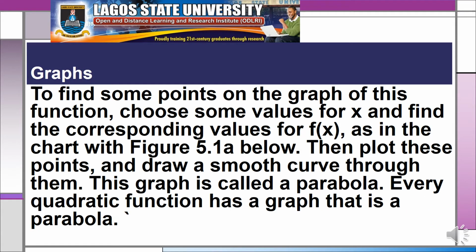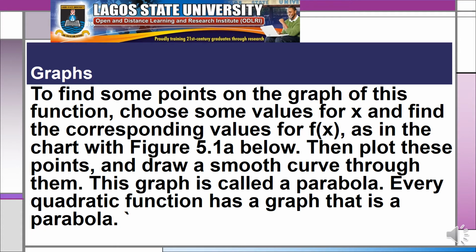To find some points on the graph of this function, we choose some values for x and find the corresponding values of f of x, as in the chart with figure 5.1 below. Then plot these points and draw a smooth curve through them. This graph is called a parabola.